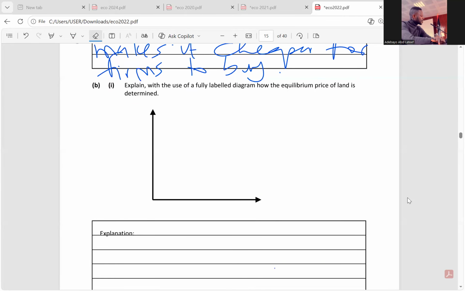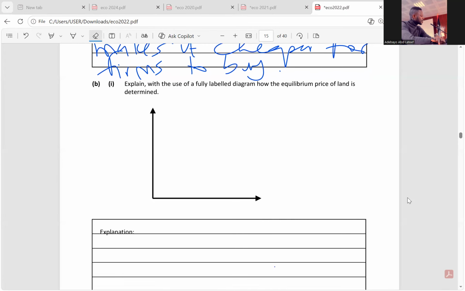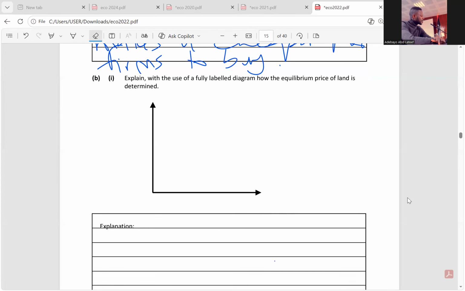So for this question, they said explain with the use of a labeled diagram how the equilibrium price of land is determined. First, land is fixed in nature, and at any price level it's going to be the same. It cannot increase or reduce. PE, QE.